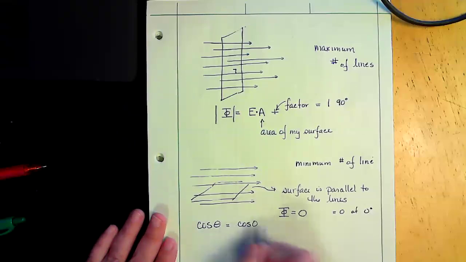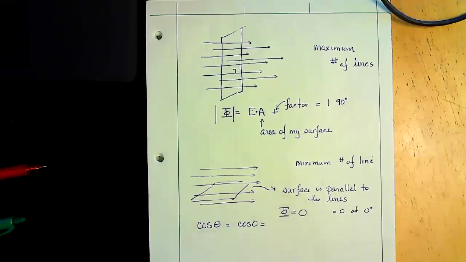of 0, make sure I've got that right. Yep. Cosine of 0, you can plug it in the calculator. Oops, I did this right. I'm measuring it wrong.